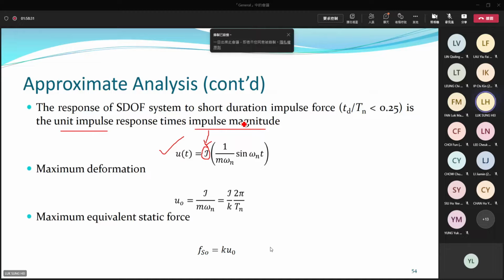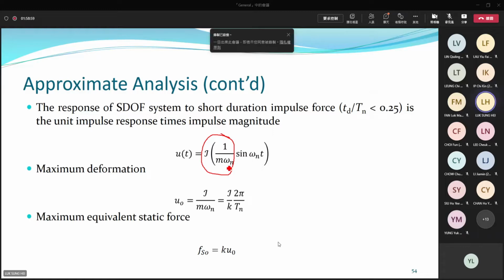The area of the pulse times this psi function. This becomes our approximate displacement function for structures under a pulse force, regardless of the pulse shape. The maximum deformation is equal to the coefficient before the psi function.